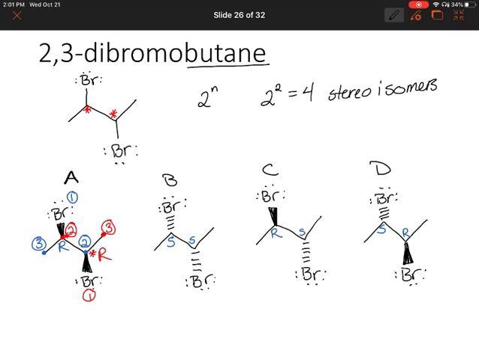So we have RR, and then in the second molecule we have SS. So all of the stereocenters are different. So that means that these are enantiomers.